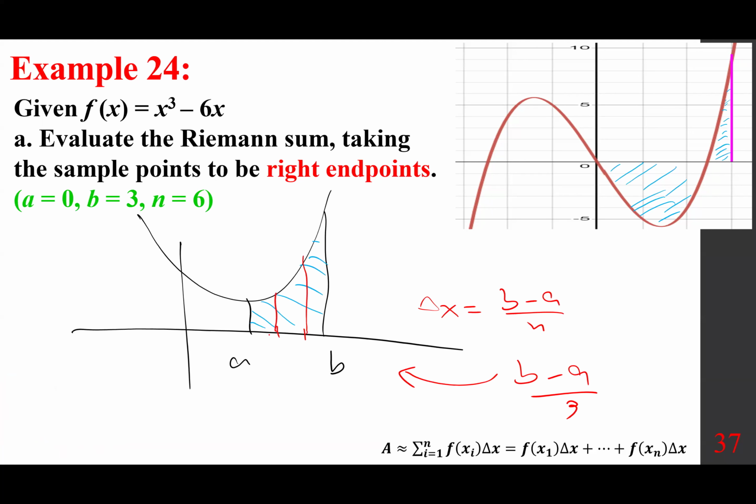Well, you can pick any number in between, and the height would be the functional value at that point. So if you choose the left endpoints as the height, you get this one, and this one. So those 3 you can calculate.